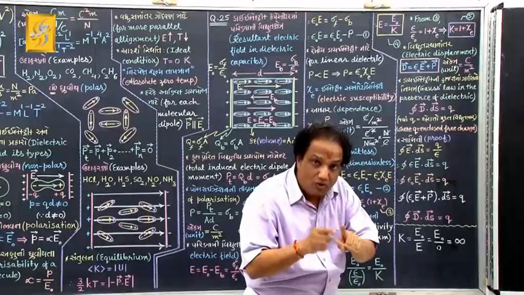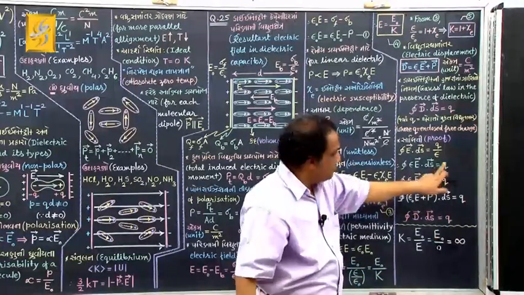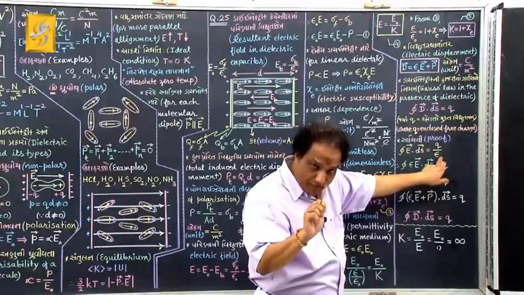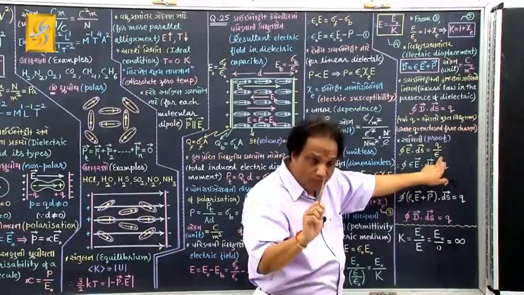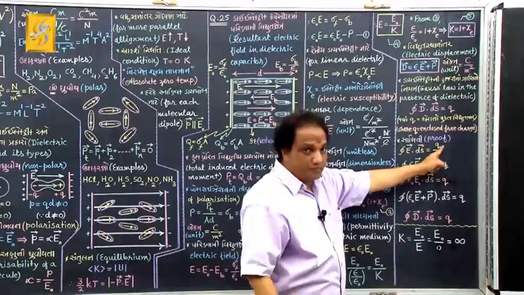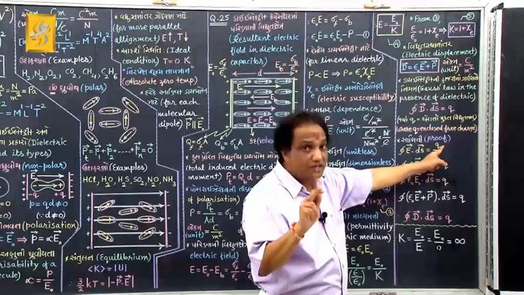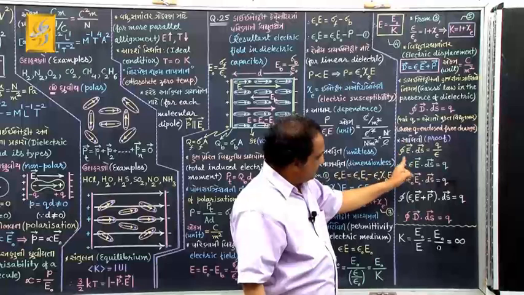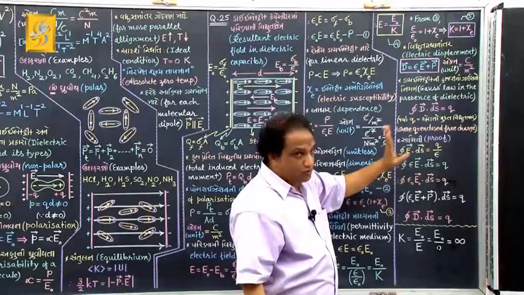But right now you are talking about a dielectric, whose permittivity we have shown by the symbol epsilon. Correct? So don't write epsilon 0 here, you must write epsilon, because you are talking about Gauss law not for vacuum, but for a dielectric medium. Fine. This is the charge enclosed, but it should be free charge, not the bound charge. Okay? And here, how this is equal to this, I am showing you.